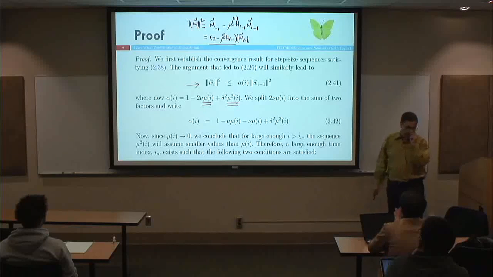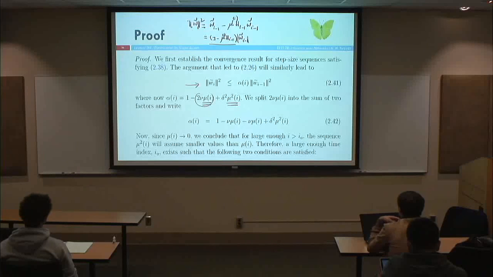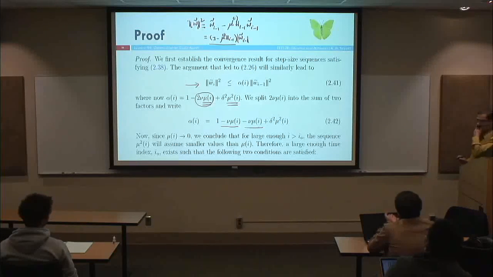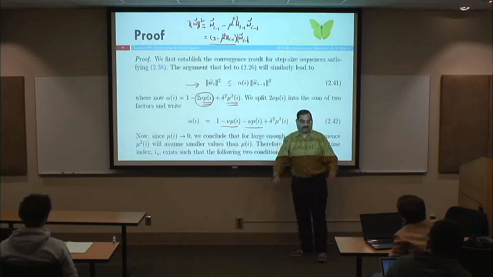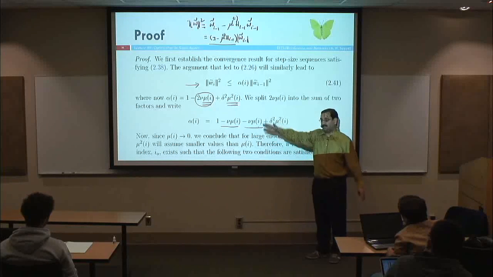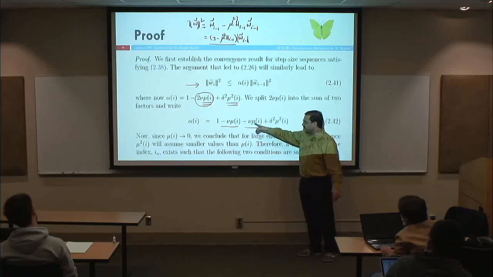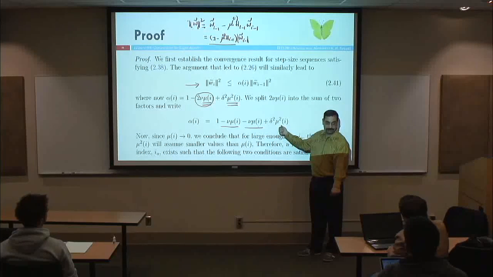expression 42. So to proceed to show that convergence occurs, I'm going to use this splitting, which is very useful as you are going to see. Here I have 2 mu times nu, so I'm splitting it into 2 terms. Why? You see, since mu is going down to 0, there will exist an i very large, right? Large enough i such that this mu becomes very small. Mu squared will be even smaller, right?